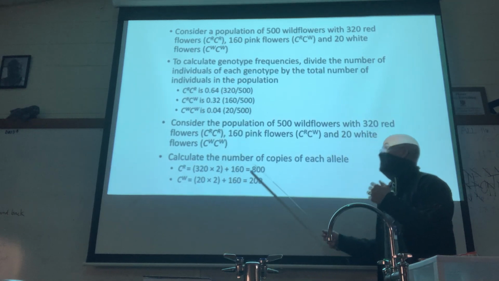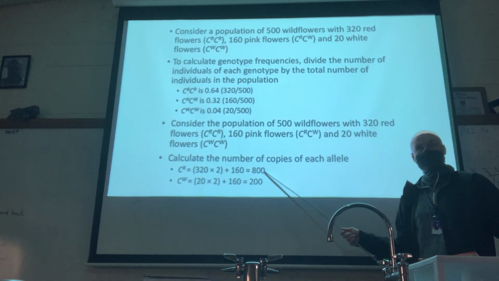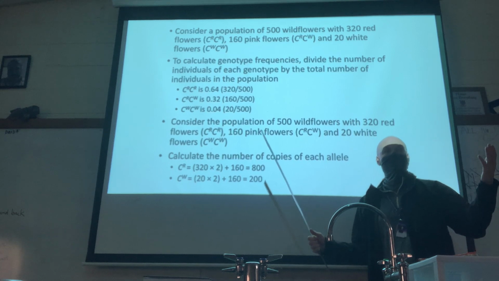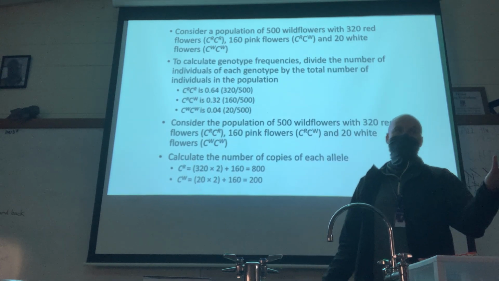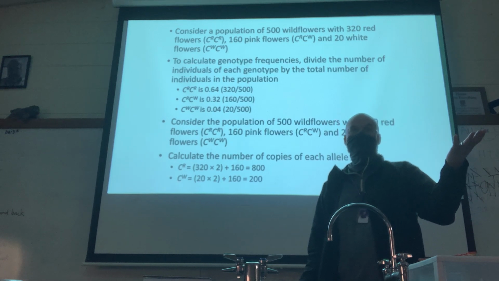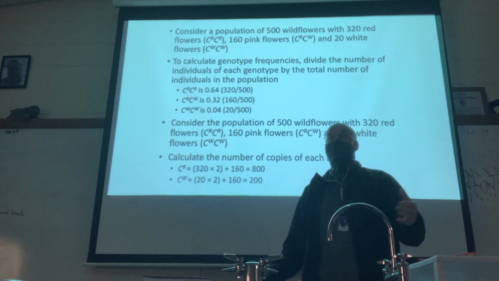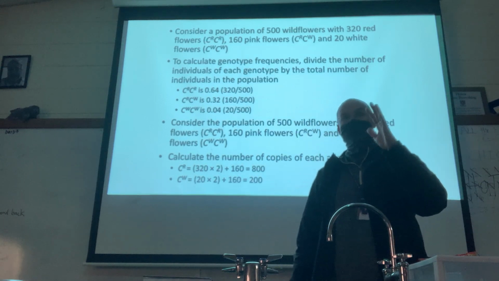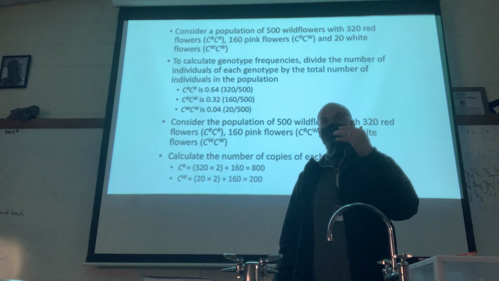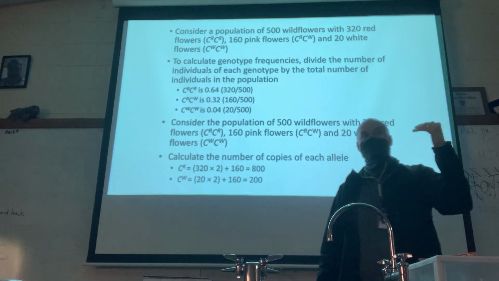You add 160. That's 800 out of 1,000 alleles that are the red allele, which is what percentage? 80%. Or if we say it as a frequency, you drop the 100%, and it's just 0.8.